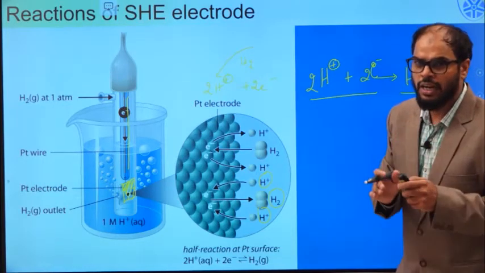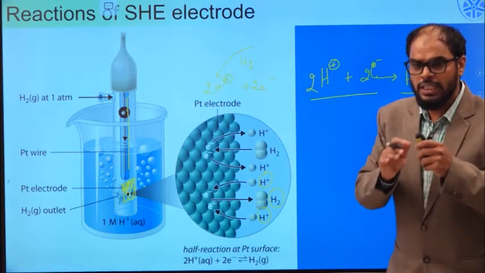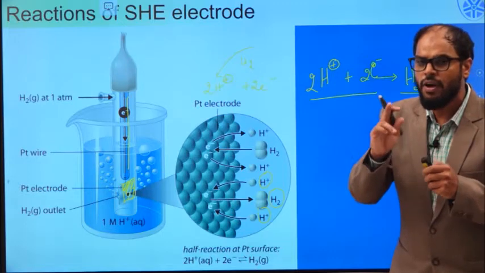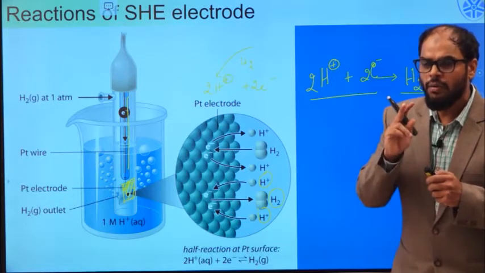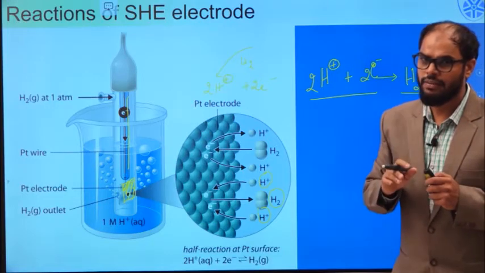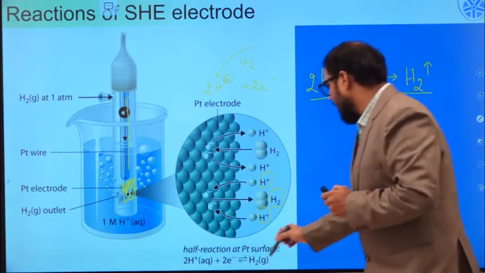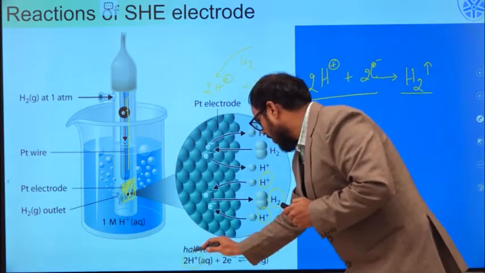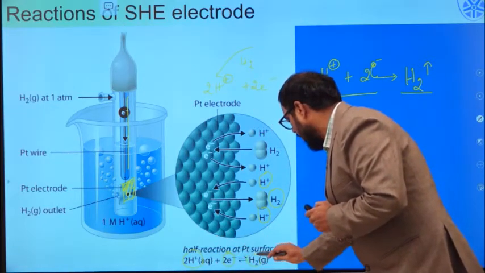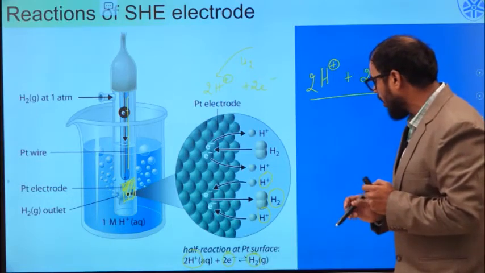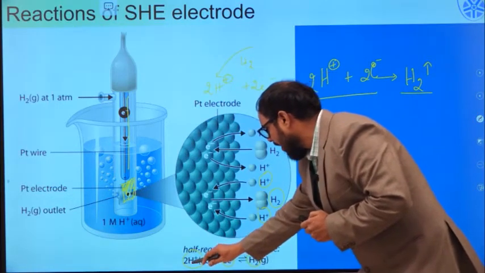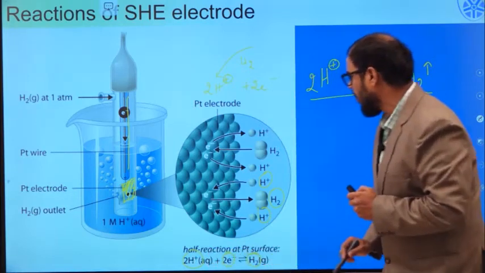We should make sure that the whole setup is constantly maintained at a standard atmospheric pressure of 1 atmosphere and 1 molar concentration at 25 degrees centigrade. I can say that the 2 H plus ions in the aqueous solution will take up the 2 electrons to form H2 gas, or the H2 gas can undergo oxidation releasing H plus ions with 2 electrons.